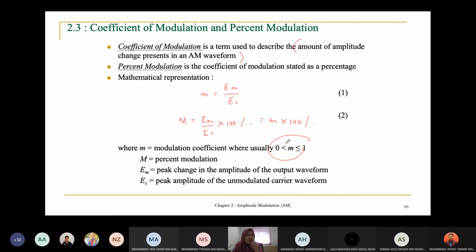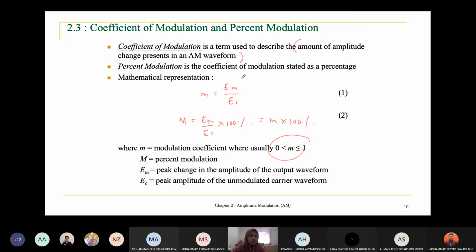The modulation coefficient must be between 0 and 1. If you calculate the percent modulation and the coefficient of modulation is equal to 1, then you multiply with 100%, so you will get 100% modulation. So 100% is the maximum.